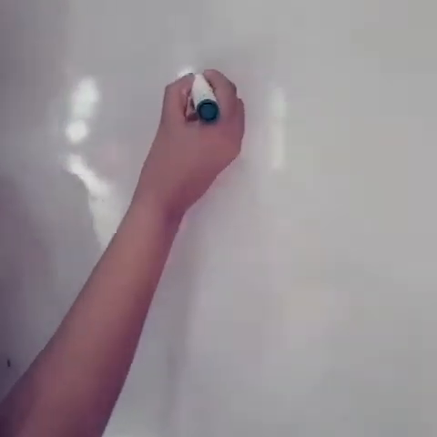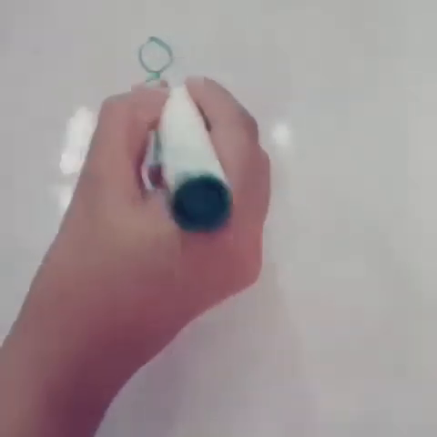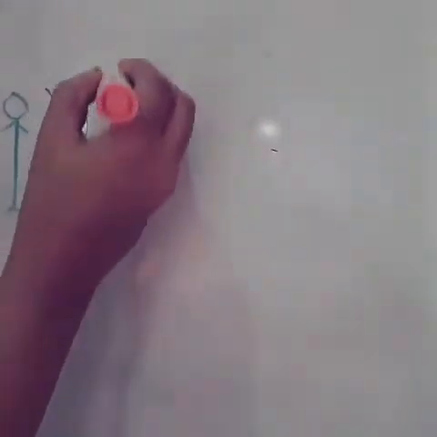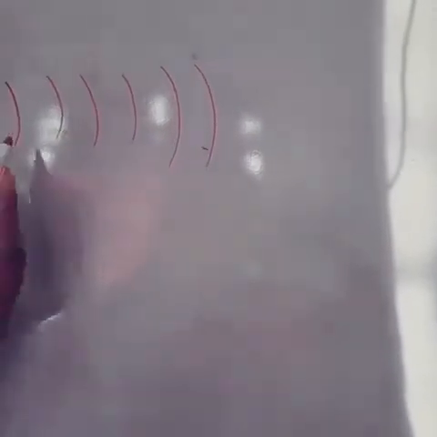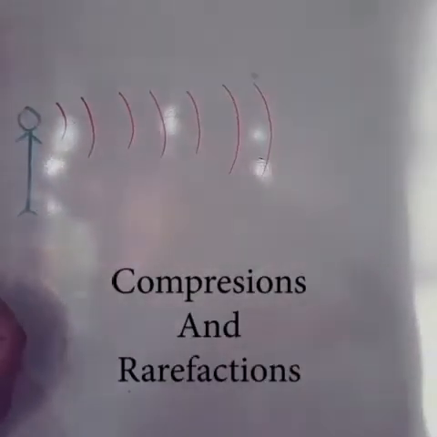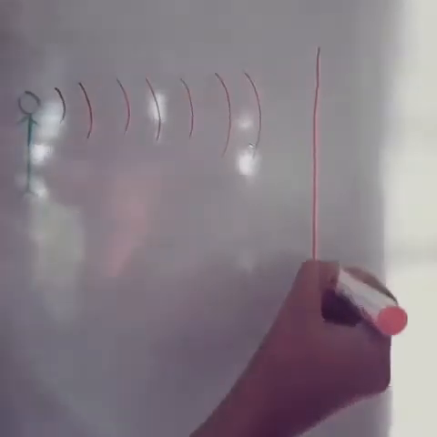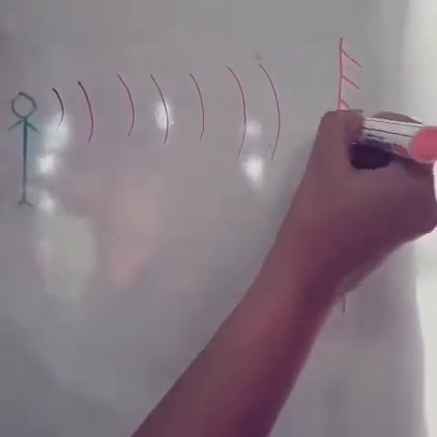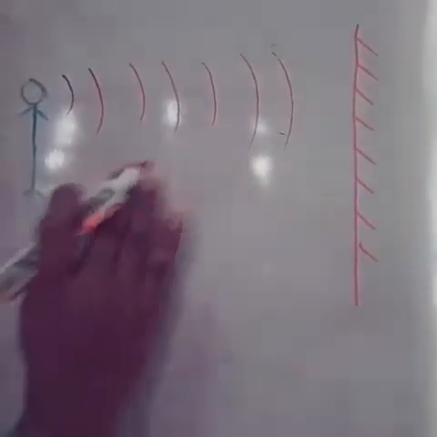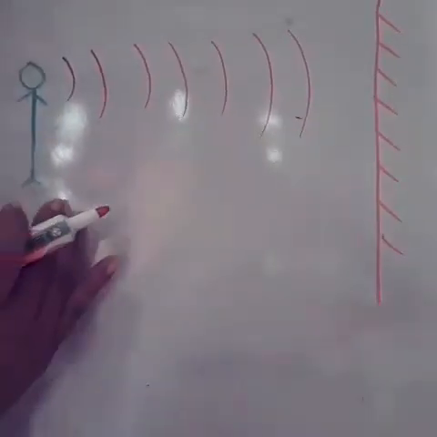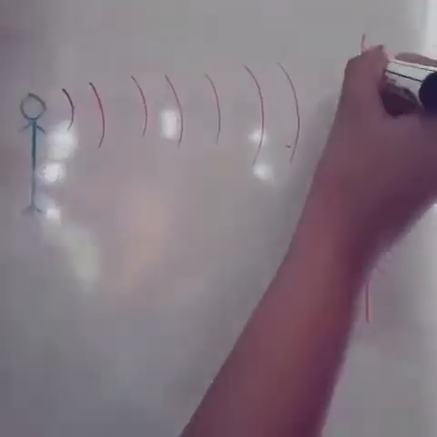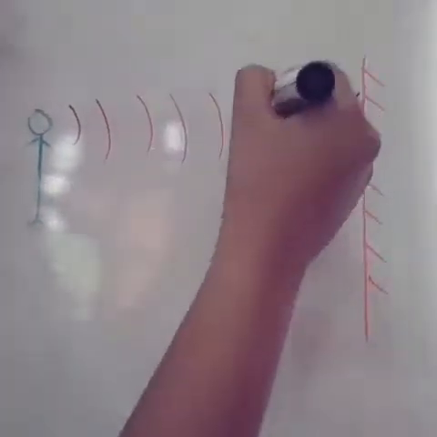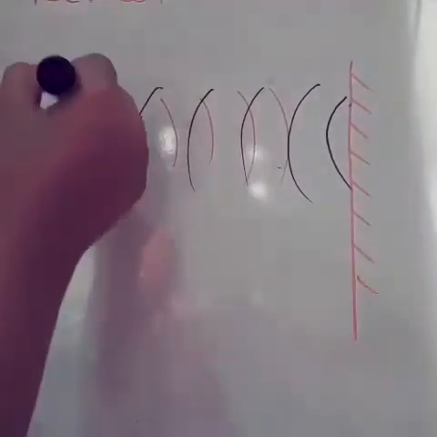If there's a sound source here, a man, he's producing a sound. Longitudinal waves are traveling through the air by compressions and rarefactions. So there should be an obstacle to get the sound reflected back. So the reflected sound wave is coming back to the listener.